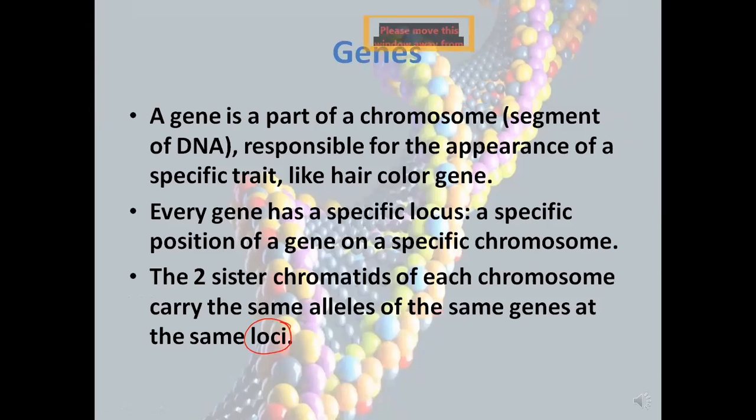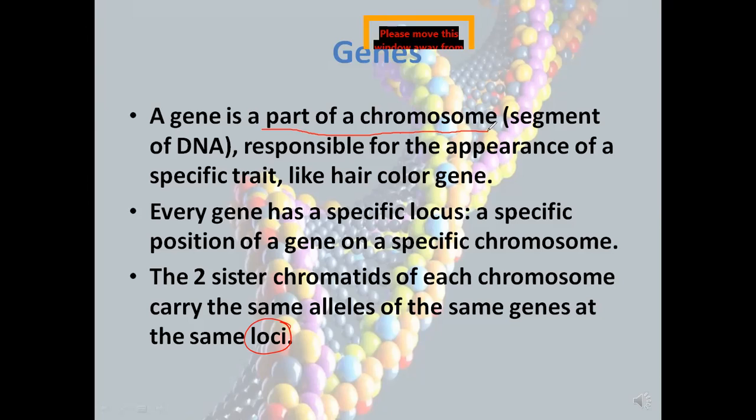So what is the gene? Gene is known to be a part of a chromosome, meaning that it's a segment of the DNA. We have the eye color gene, the hair color gene, the height gene, the gene of the level of thinking. All these genes are part of the chromosome.